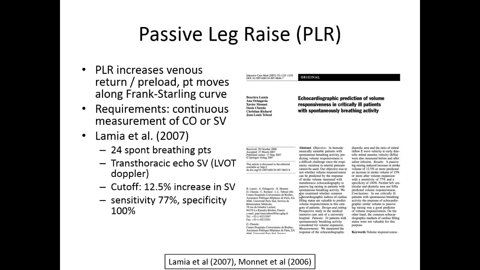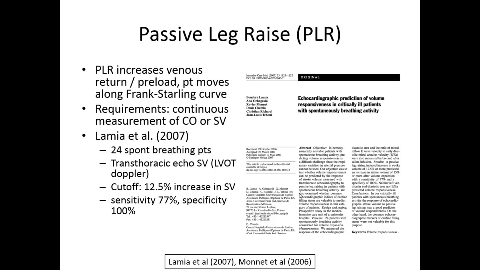Frequently, in a lot of the studies that are out there, this has been stroke volume by transthoracic echo, in this case. I think this is a particularly strong one because it's got an effective measure of cardiac output. You can do an LV outflow tract Doppler where you look at the cross-sectional area of the LV outflow and you measure the velocity across it.